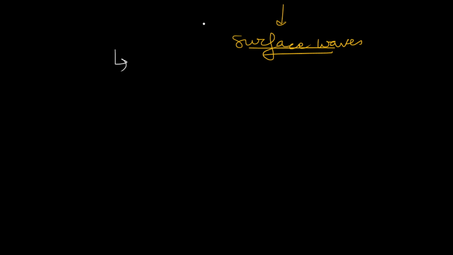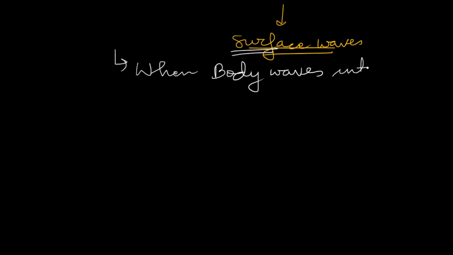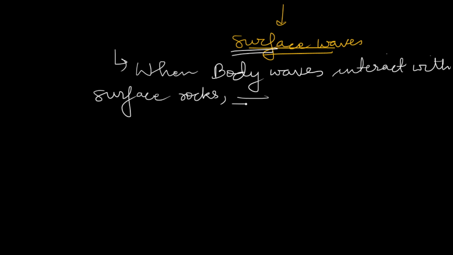But surface waves are produced when body waves interact with surface rocks and other surface materials present on the surface. So generally remember, when body waves hit the surface, surface waves are formed.